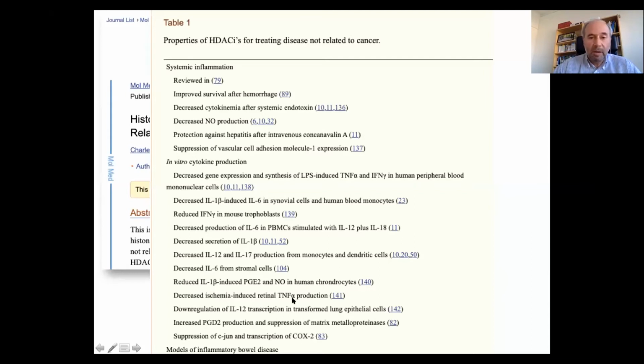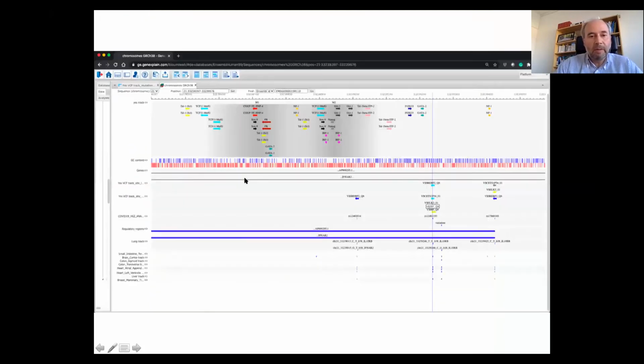If you attended my previous seminar about analysis of expression data from COVID patients, you may remember that we found the receptors for those interleukins play an important role in severely affected patients. So here again, we see that this master regulator may play a really important role.